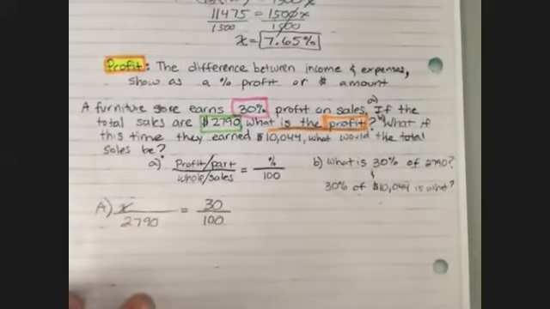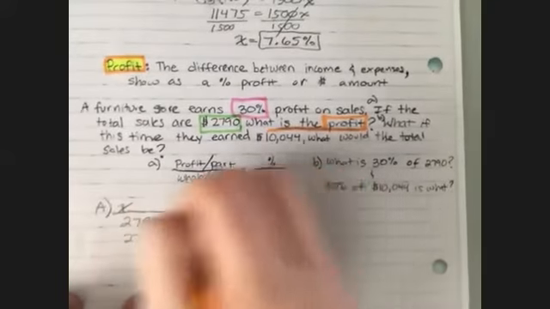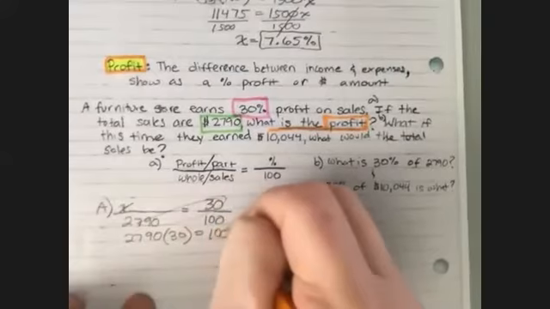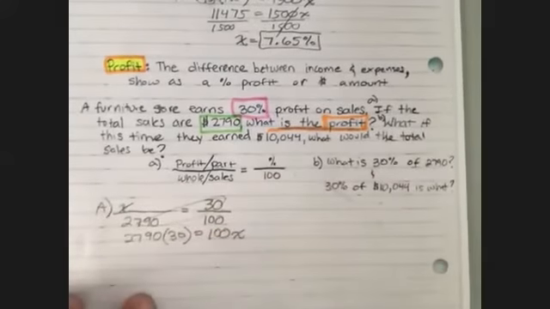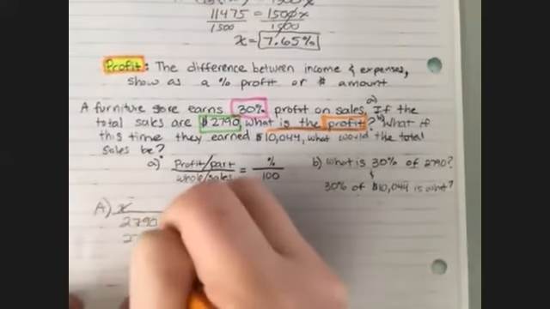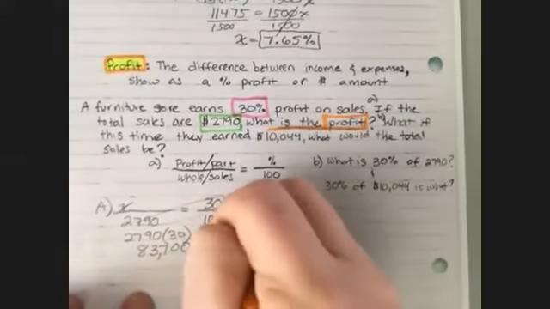Now I know I need to do my cross products. So that's 2790 times 30 equals 100x. Now I multiply the 2790 times that 30 to get 83700, so $83,700.